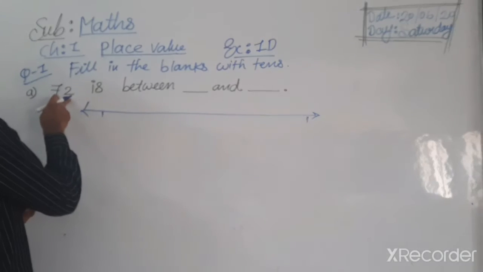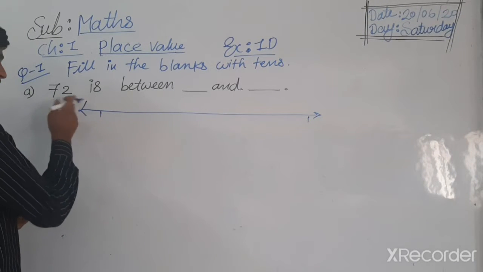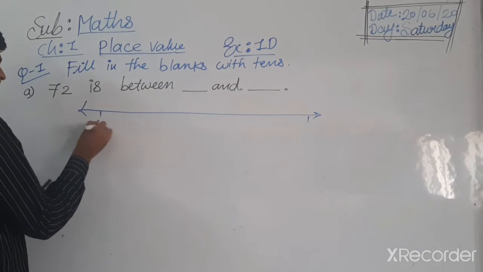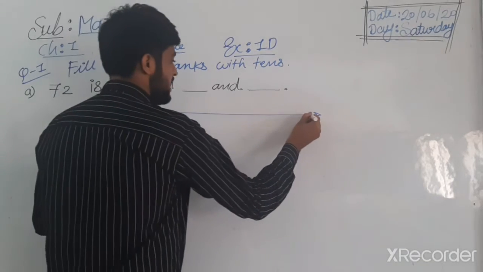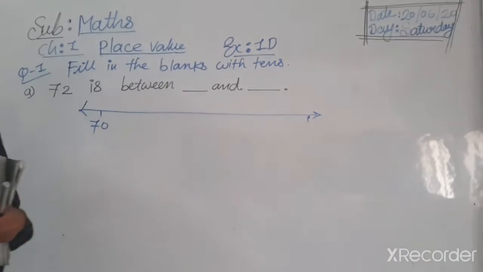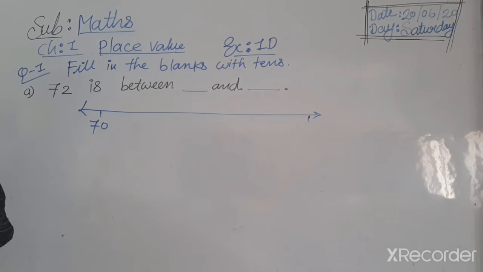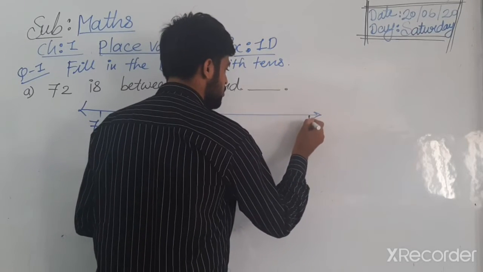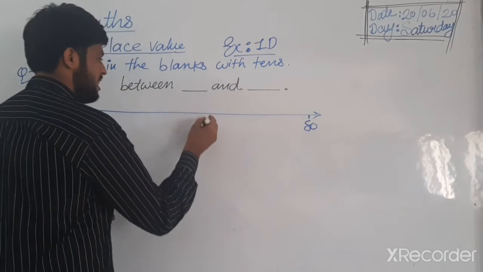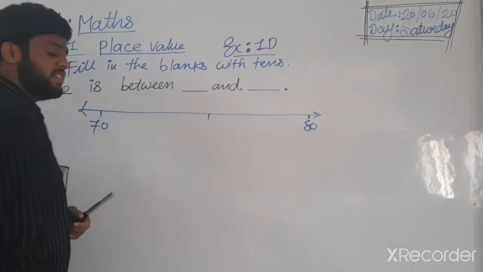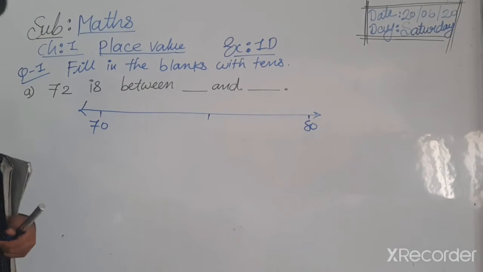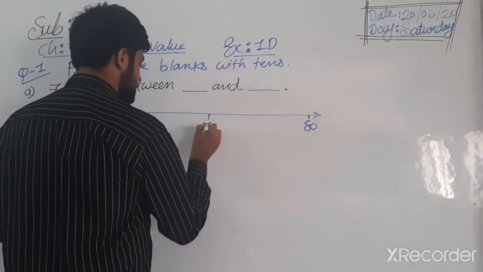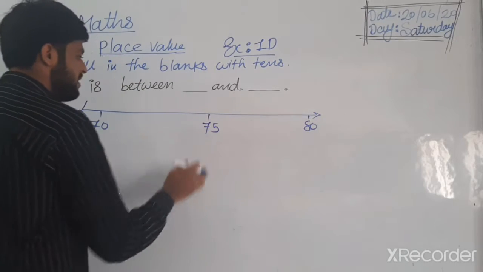Which number is before 72? 71, and before that, the tens number 70. Then remember yesterday's three steps: step 1, step 2 and step 3. Step 1 is to find the tens before and after, 70 and 80. Then the second step is to find the halfway point, which is 75.